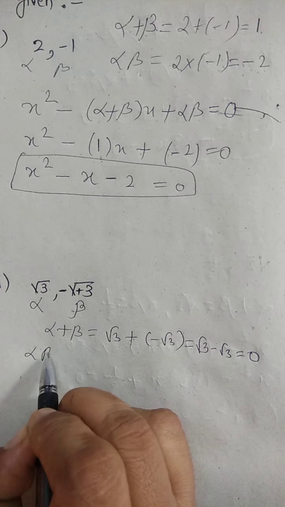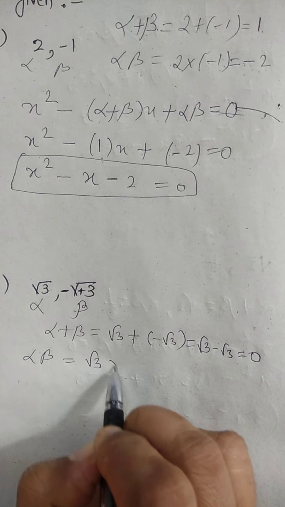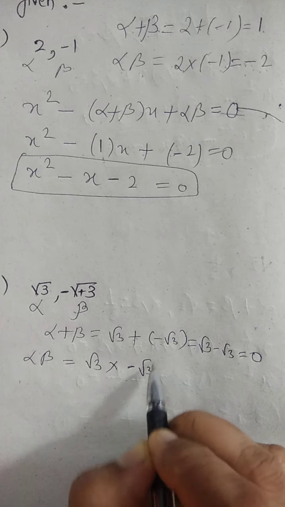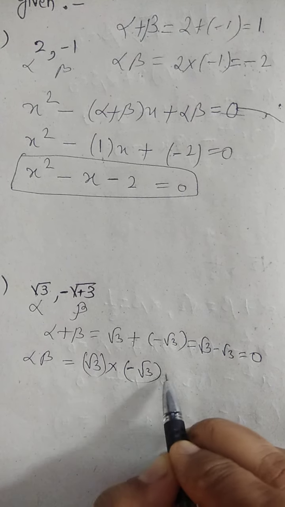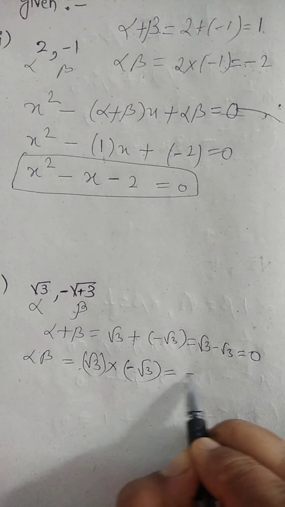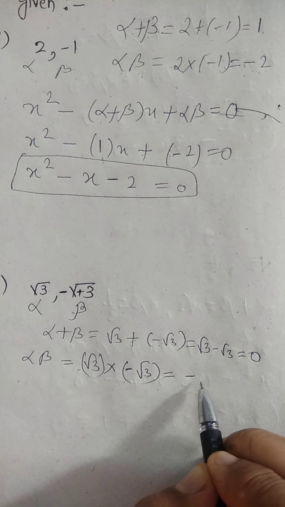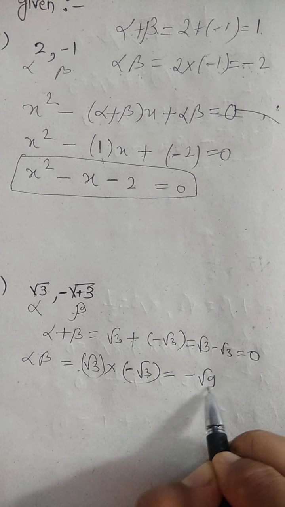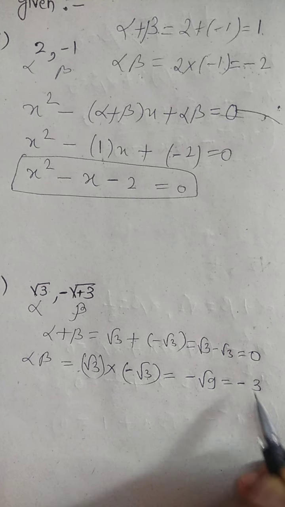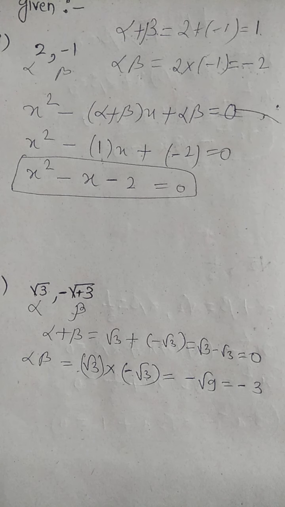Now find alpha into beta: root 3 into minus root 3. Okay, so plus minus minus, root 3 into root 3, root 9, and that is nothing but 3. Okay, square root of 9 is 3. So we got the product of roots as minus 3.